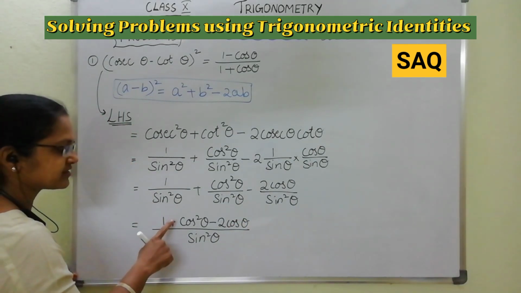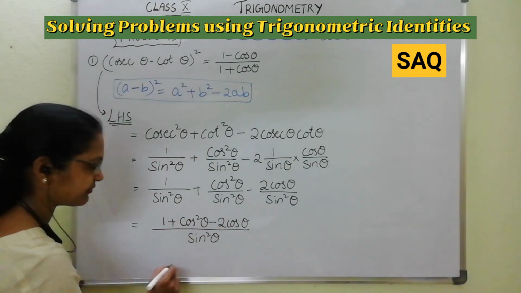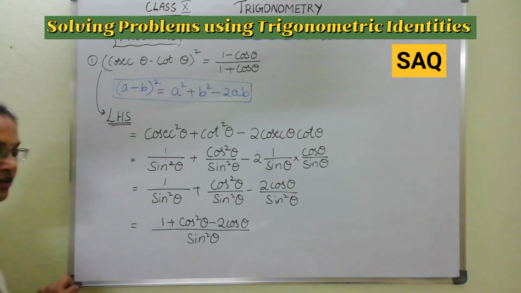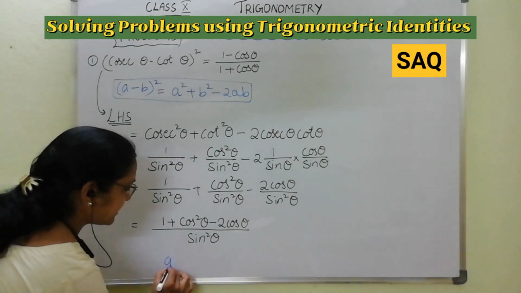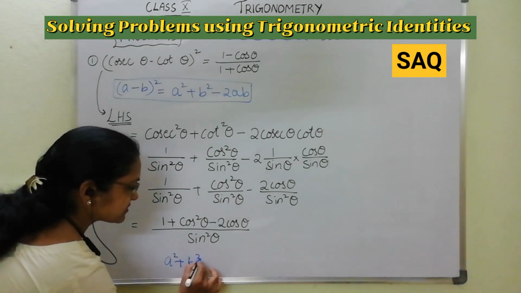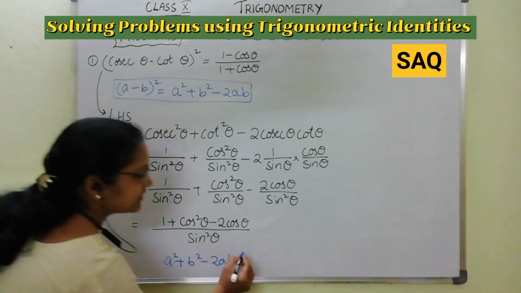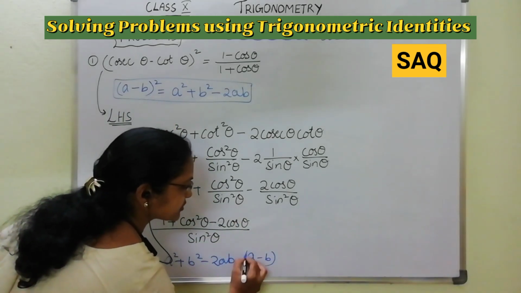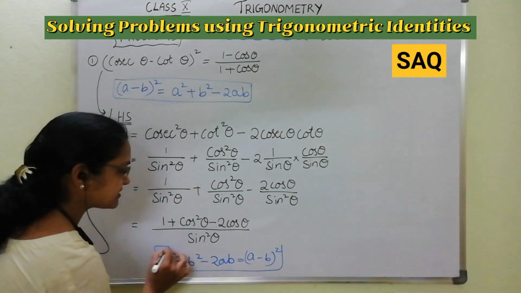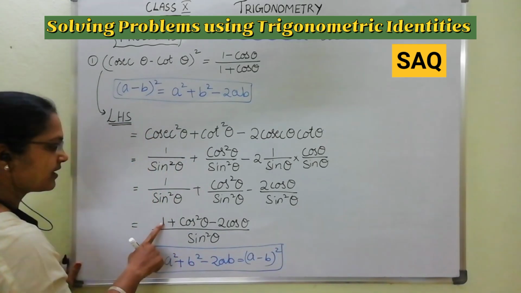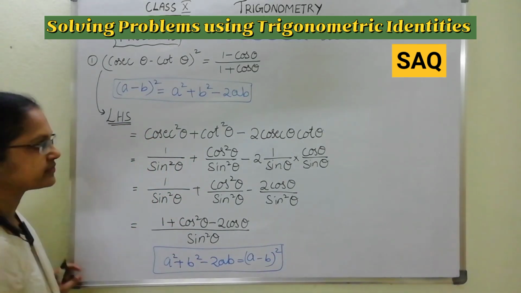Again apply the a square plus b square minus 2ab form. So if I use the formula, a square plus b square minus 2ab is nothing but again (a minus b) whole square. So I will get back this numerator as (1 minus cos theta) whole square.